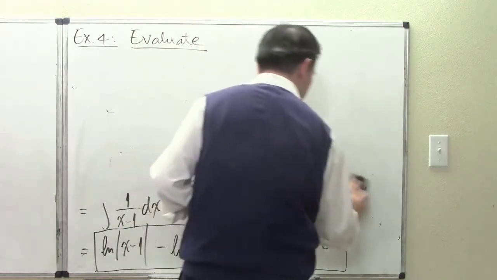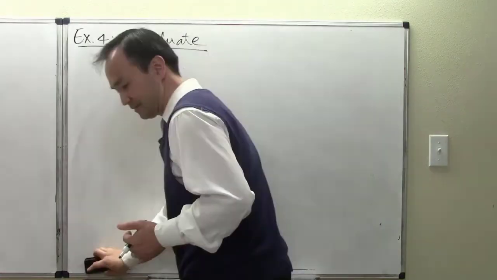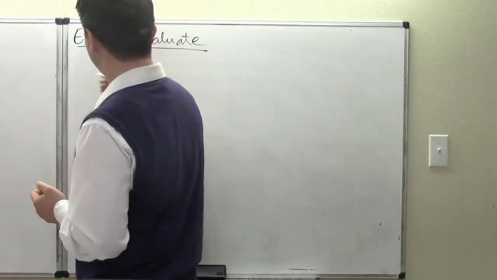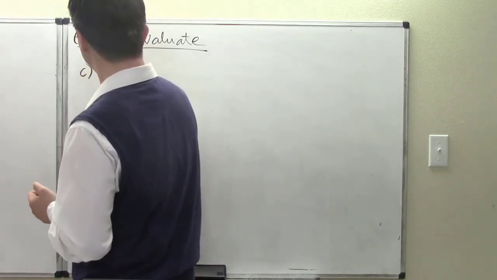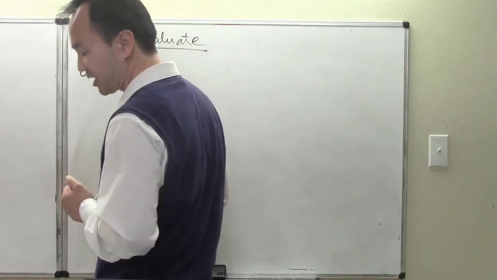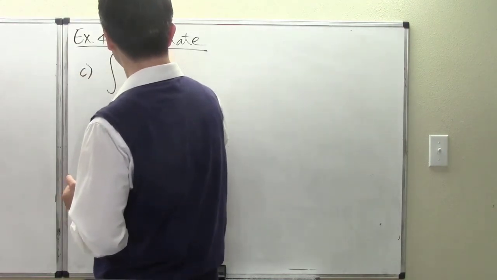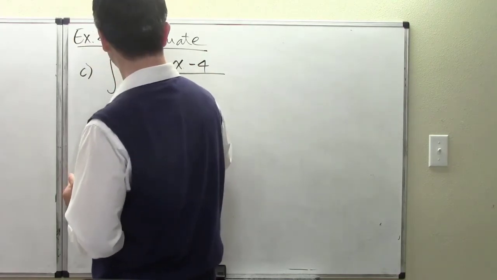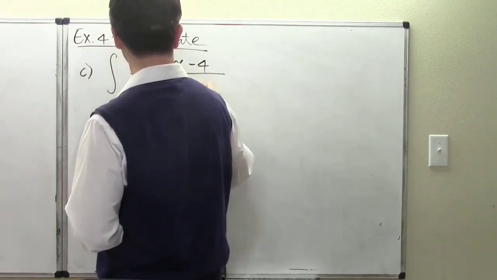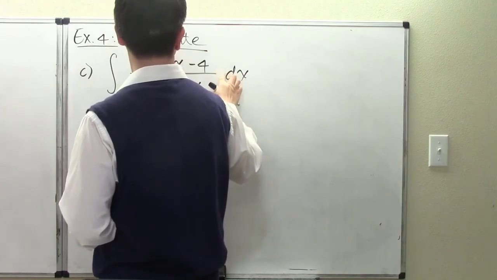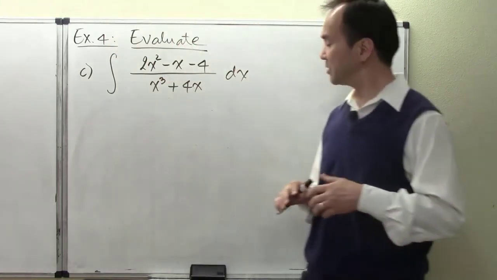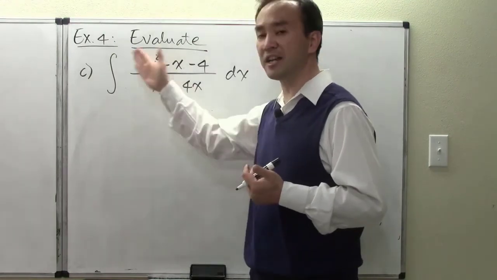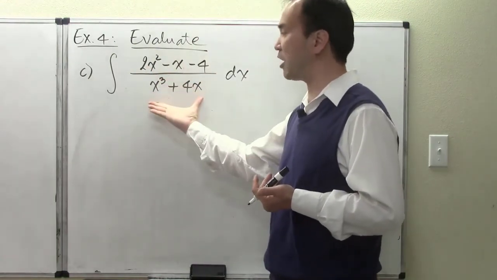So let's now look at part C of the example. In part C here, let's say we want to find the indefinite integral of 2x squared minus x minus 4 over x cubed plus 4x dx. Okay. And again, to speed up the process, I purposely designed this integral problem based on the problem that we worked.